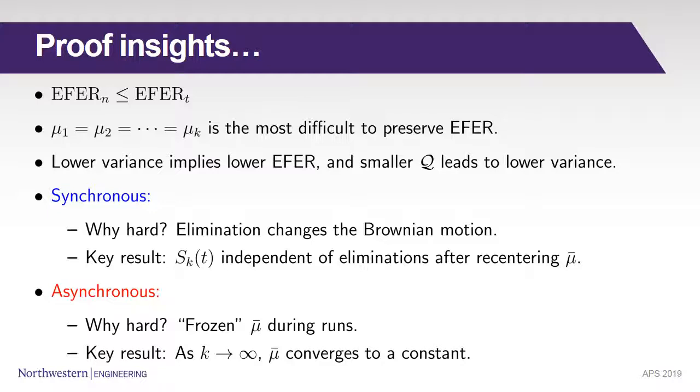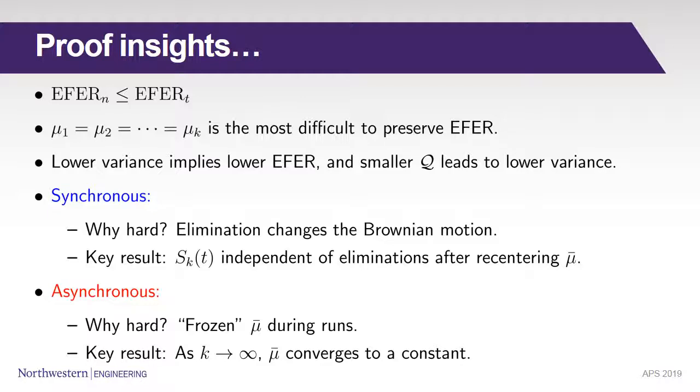The second important insight is that the most difficult case for preserving the expected false elimination rate is when all of the systems are tied with the best. Another insight that plays a big role is that lower variance of the process implies a lower expected false elimination rate when we keep the same boundary, and a smaller survivor set Q leads to a lower variance.